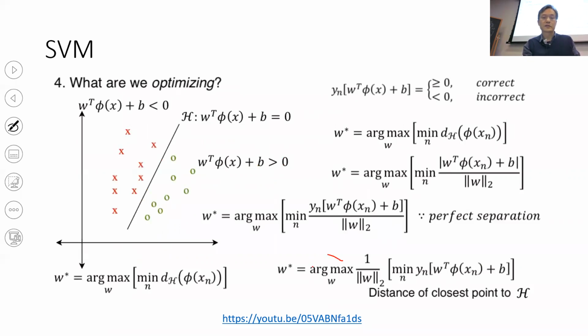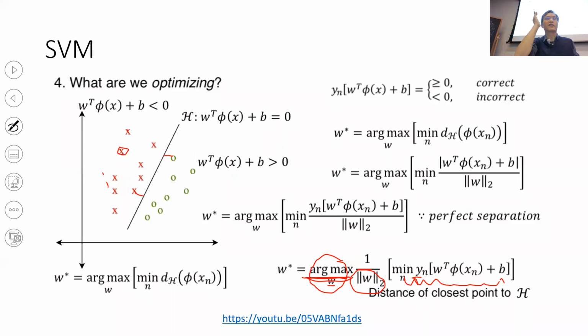Here is the way to represent the optimization problem. You want to find the parameter W to maximize the whole thing. Inside is the minimum over the data points close to the line, so you don't care about the general data points.